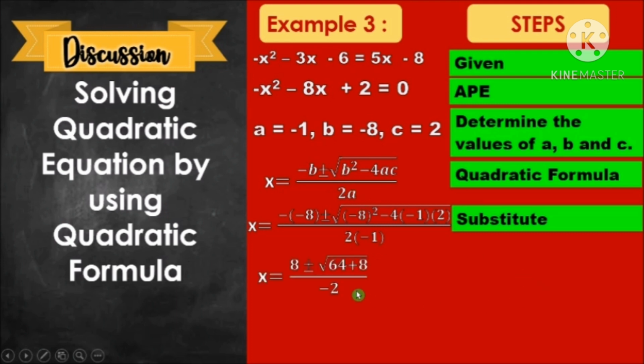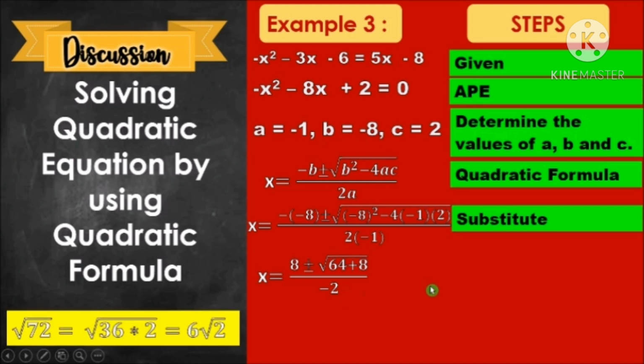Then we solve. Negative times negative 8, you have positive 8, plus minus square root of negative 8 squared is 64, negative 4 times negative 1, that is positive 4, times 2, you have positive 8, all over 2 times negative 1 is negative 2.